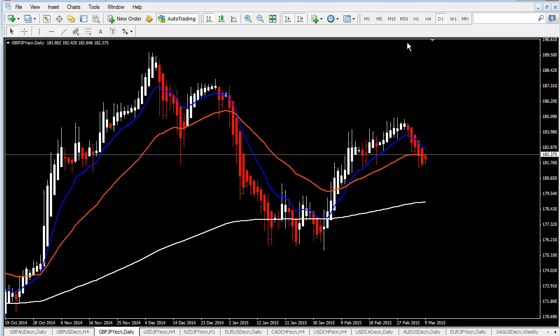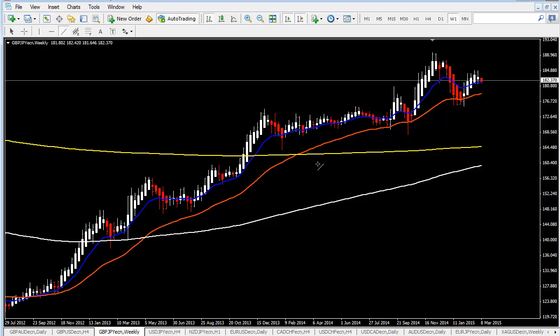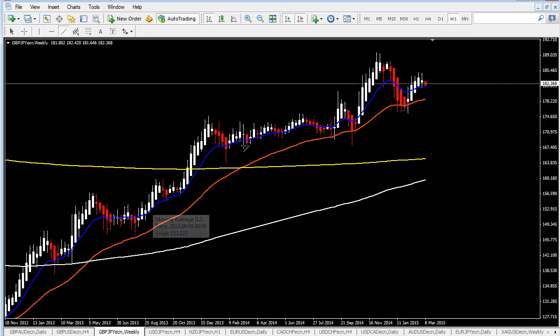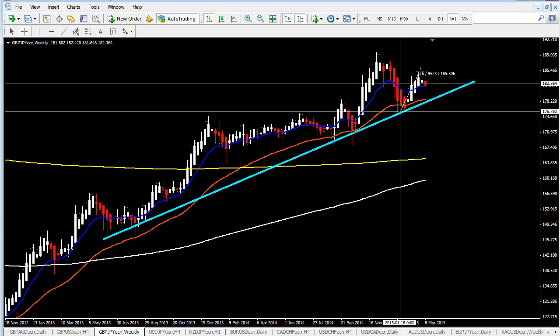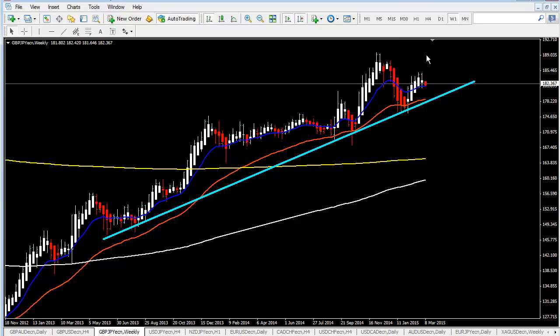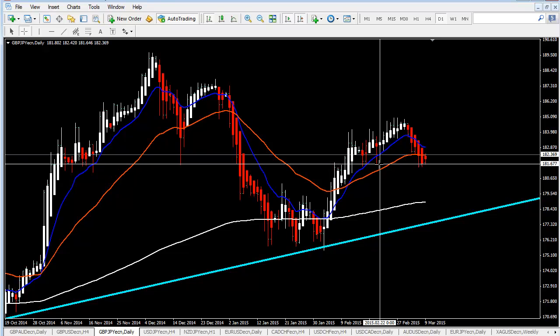GBP JPY weekly chart, we all know it's an uptrend, very powerful. You don't need to draw new lines. It's the same line. The bounce worked nicely, price went up, but we don't have a new high on the weekly chart, and that means that we watch closely. It looks a little bit like the GBP Australian dollar. We have a retracement back to here. It's an uptrend. Price is fighting here.